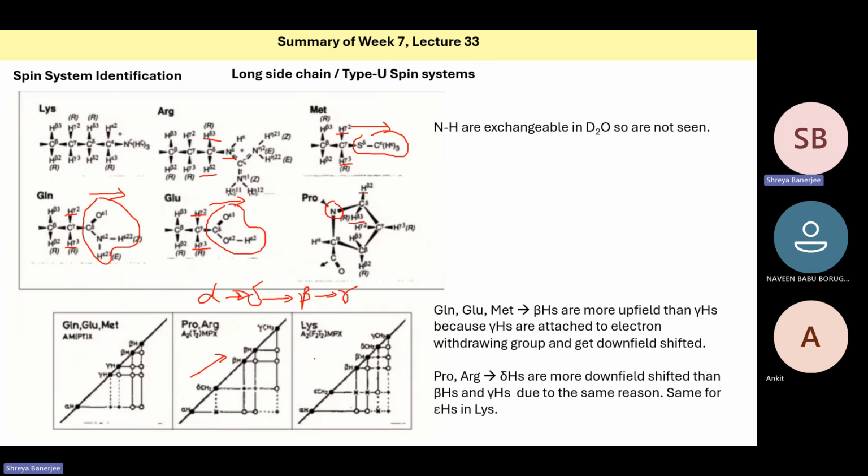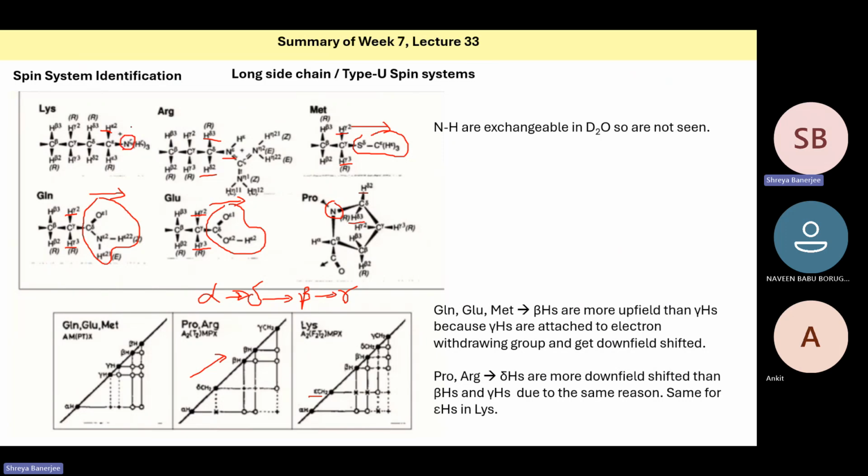And lysine also has alpha, beta, gamma, delta, but epsilon is shifted so much downfield. This is because in lysine, the nitrogen is attached to the epsilon carbon.